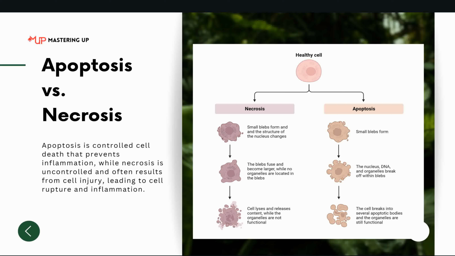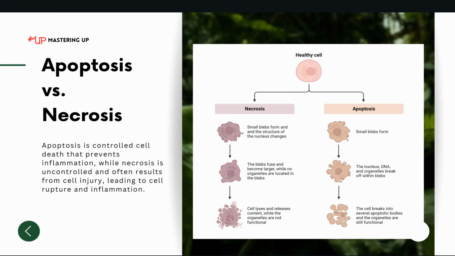You can see in this image a healthy cell undergoing necrosis and apoptosis. As you can see in the necrosis, you can see the changes in the nucleus and then the organelles, and finally the cell lyses and releases content while the organelles are not functional.